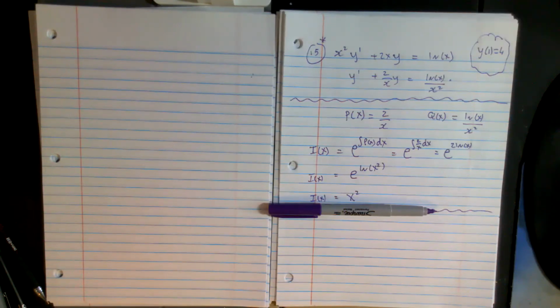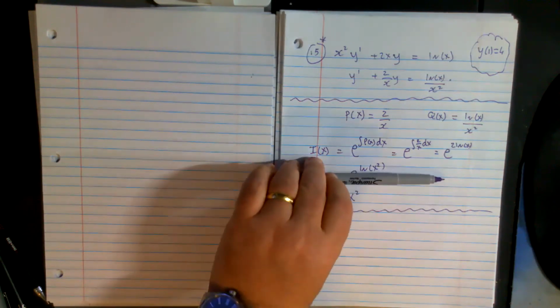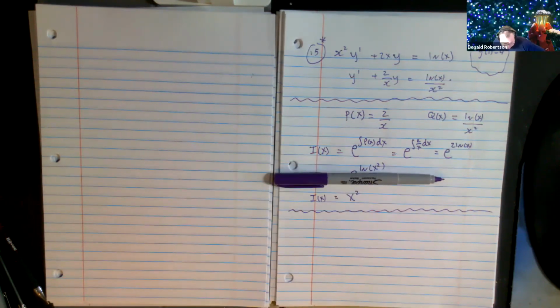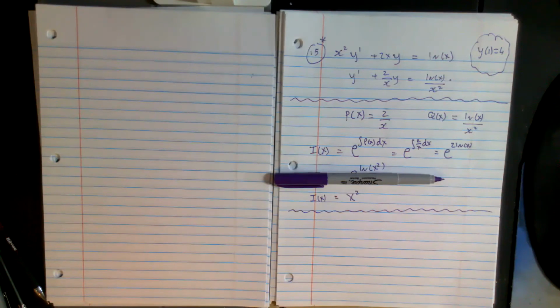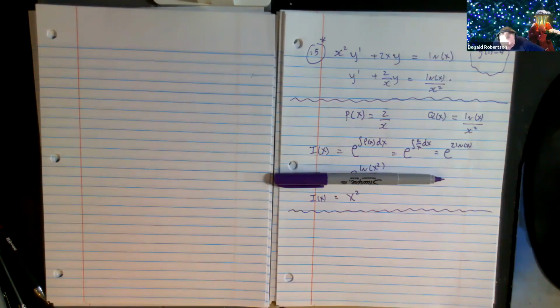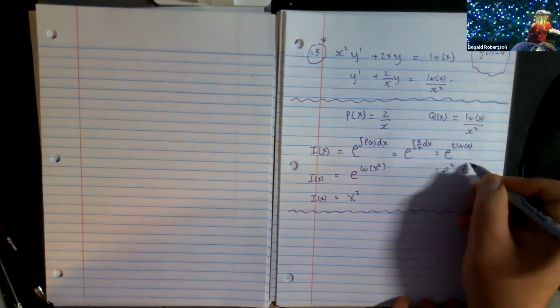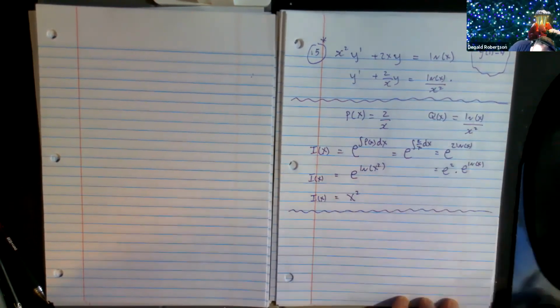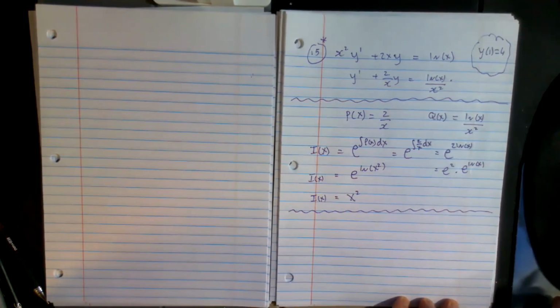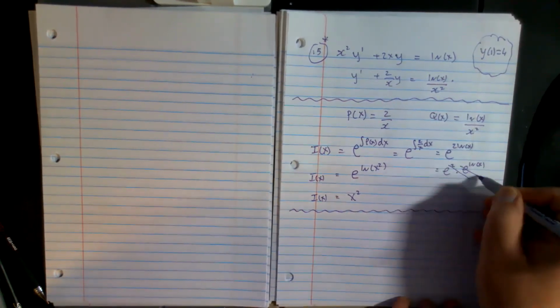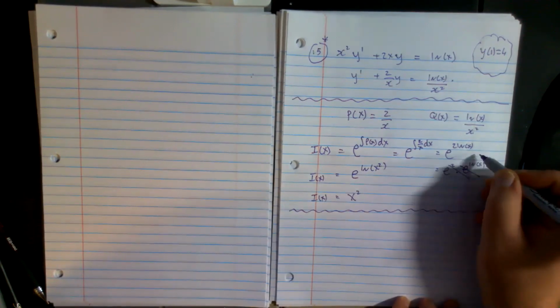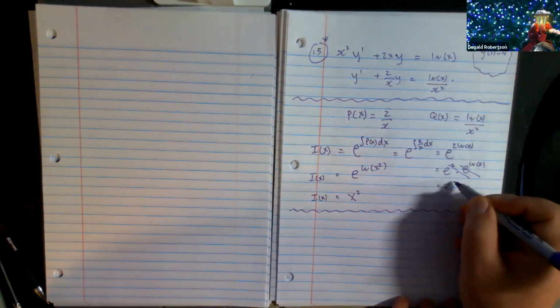I meant before you did that. Line up where it's e to the 2 natural log of x. Could you just take one of the natural logs and then still just call it natural log of x? Try and think what you're doing here. Are you thinking about splitting it like that? Because if you are, you're not allowed, because you have 2 lots of the natural log of x, and the e would cancel one of them.